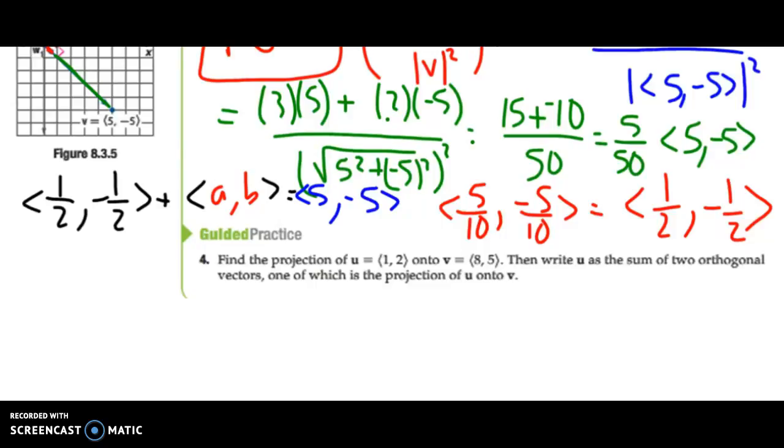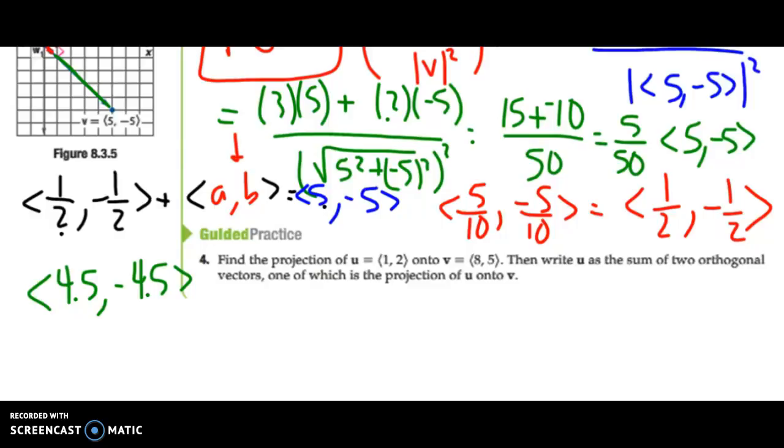And so what they're asking us to find is what a and b are. Well, easy enough problem. If we took 5 minus 1/2, that would be 4.5. And negative 5 minus negative 1/2 would be negative 4.5.